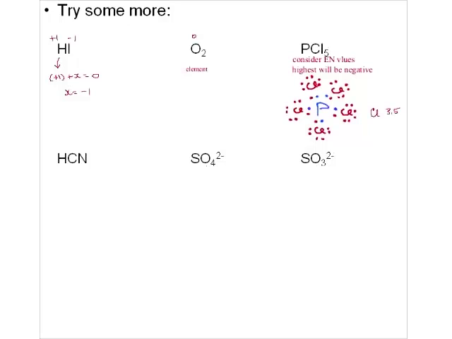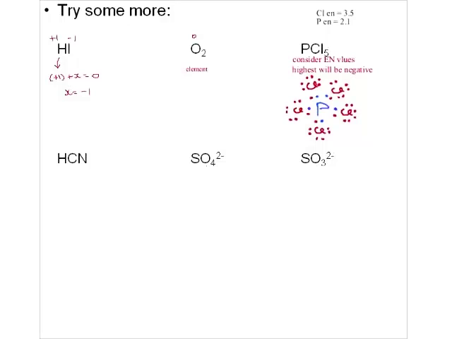Let me type that in so it's a little more clear. Okay, so the electronegativity of chlorine is 3.5. Phosphorus's electronegativity, I don't know what it is. I can't remember that. So what I do is I consult my periodic table. Phosphorus has an electronegativity of 2.1. That's pretty weak.